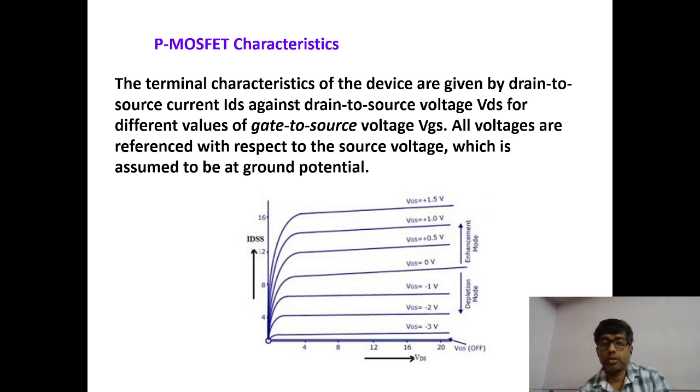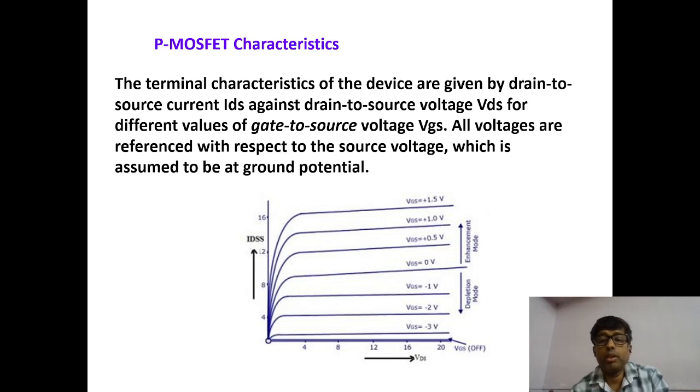The current is maximum at 0 for the depletion mode, but when we increase the negative voltage, minus 1, minus 2, minus 3, for VGS, the drain current decreases and eventually becomes very small. For the enhancement it is the opposite. When gate to source voltage is 0 and we then apply a positive voltage, 0.5, 1, we see the IDS current increasing.